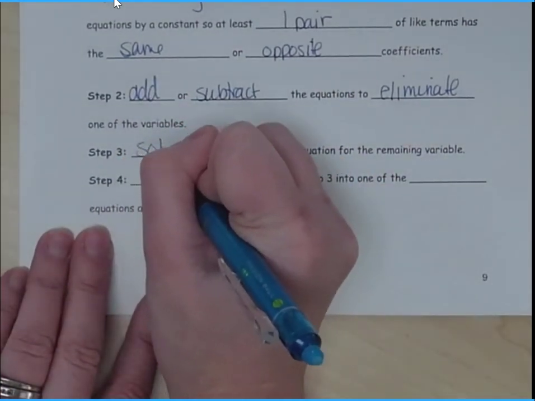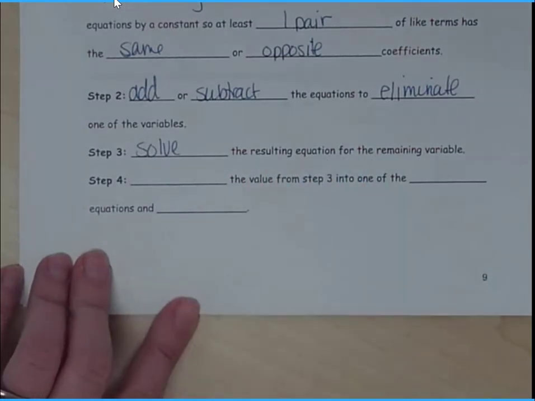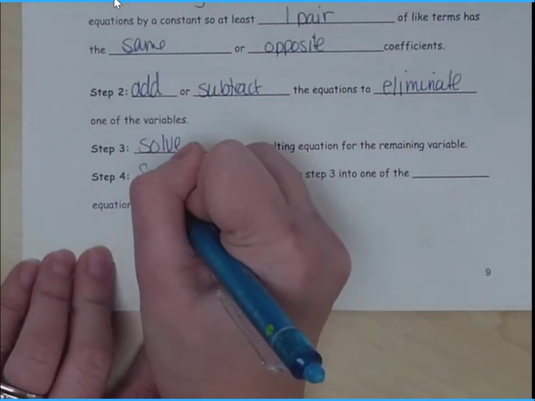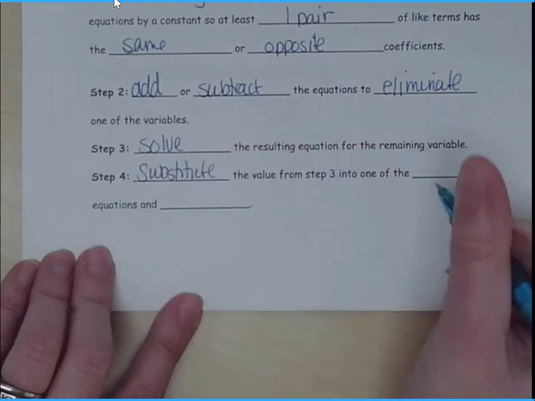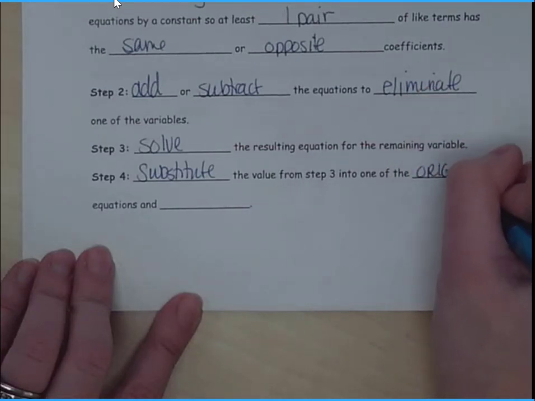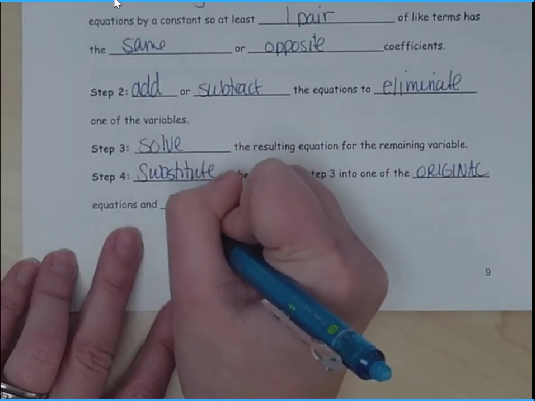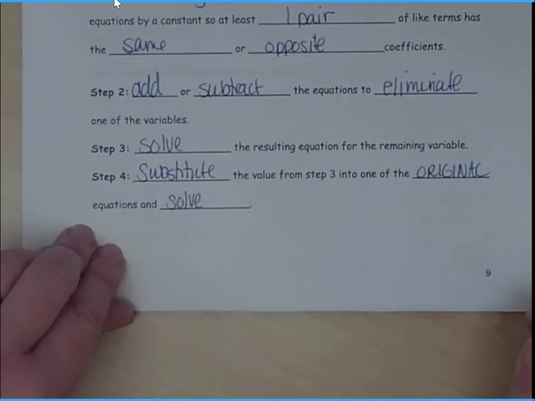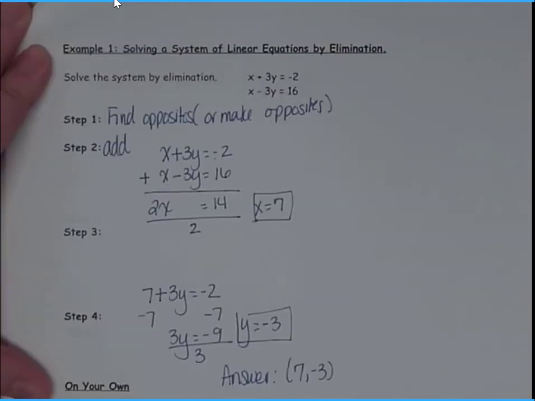Next, we're going to solve the resulting equation for the remaining variable, and then we're going to substitute the value from step 3 into the original equations and solve. So let's take a look at that problem one more time.